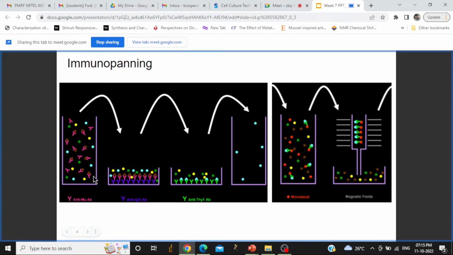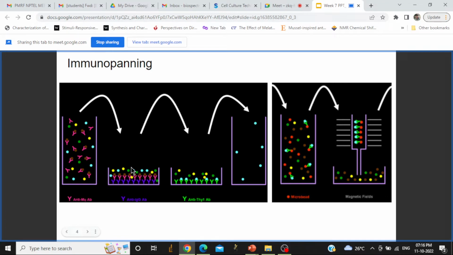For example, here in this tube there are different types of cells present, and if we want to separate this type of cell with this brownish color, we know it has some specific marker, so we will design an antibody specific to this marker, and this antibody gets attached to this cell only.